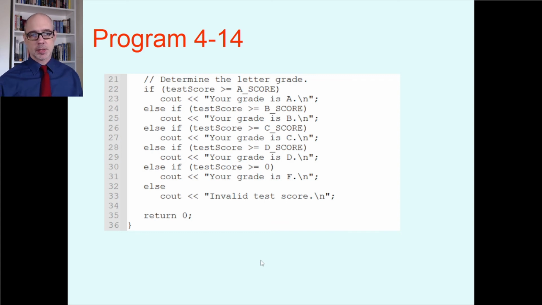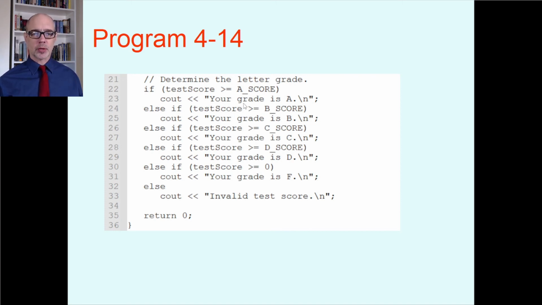So here is a big if-else-if chain. You can see there's an if followed by an else-if followed by another else-if, etc. You get into this block of code and you check, first of all, if the test score is greater than or equal to the A score. Let's say someone had a 98. Test score greater than or equal to 90, that would be true.